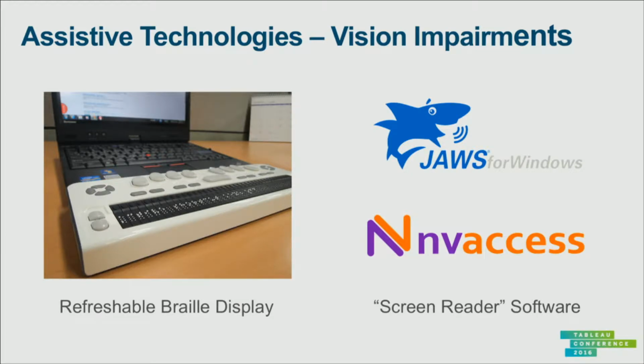Somewhat more common and something people may be more familiar with are screen readers. So these are basically pieces of software that read to you text that's on the screen. They also come with keyboard commands that you can use to navigate programs, navigate web pages, and so forth.